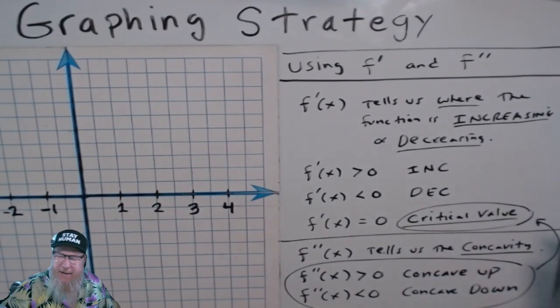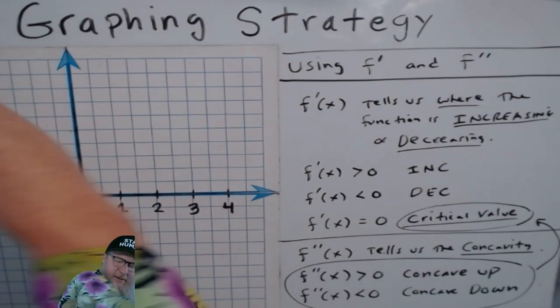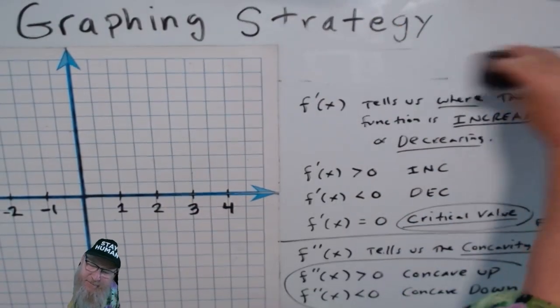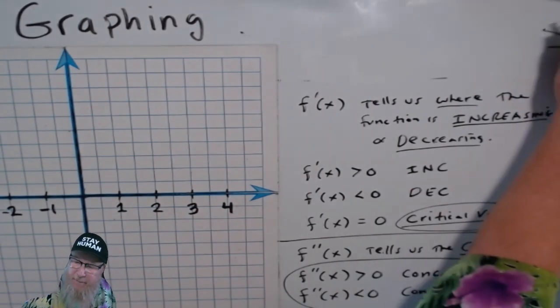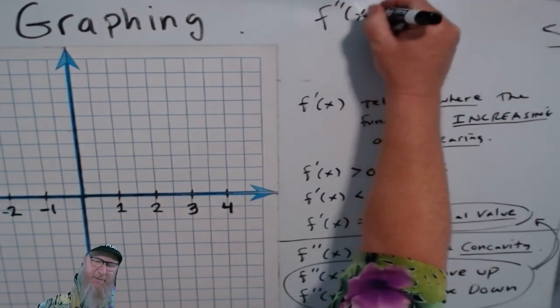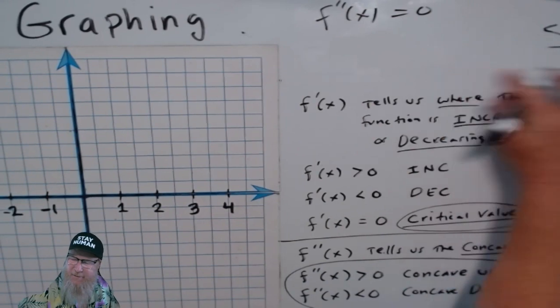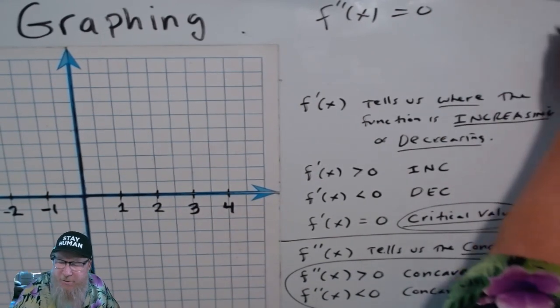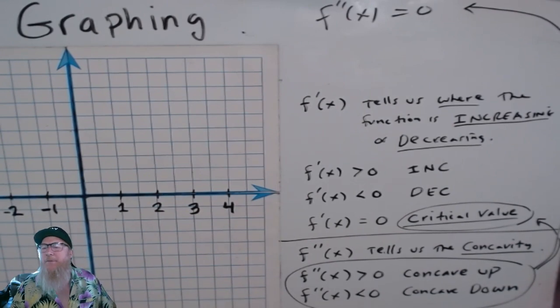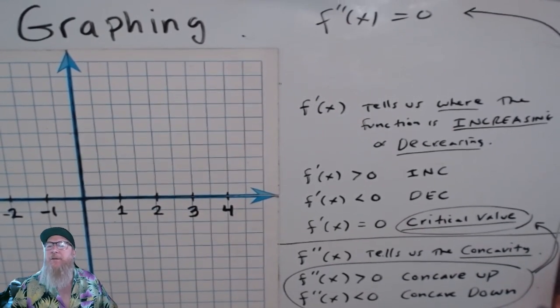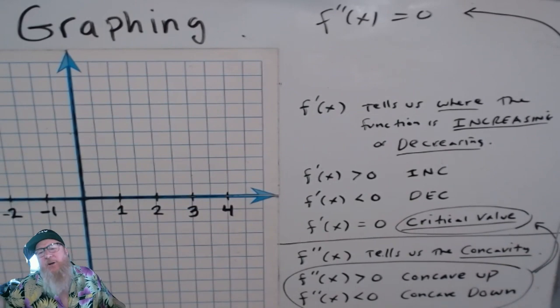And then when f double prime of x is equal to 0, now I always called these critical values when I was growing up, another type of critical value. And we could still call them that.